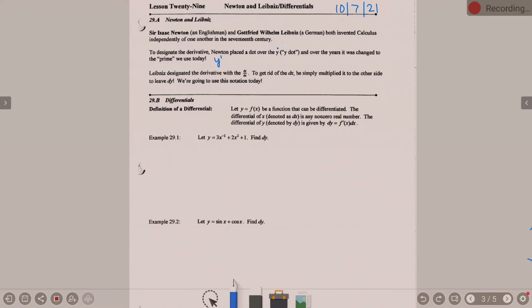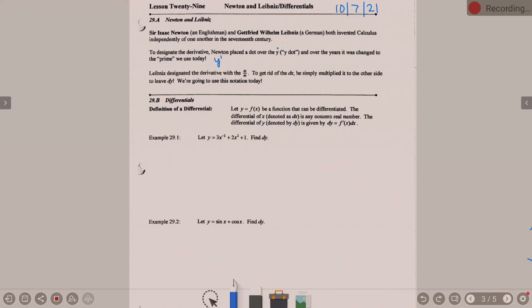But dy dx is a fraction, isn't it? And if it's a fraction, you can multiply by the denominator and separate it into pieces. When you separate the fraction into pieces, dy is called a differential, and dx is a differential. So we can use that notation.